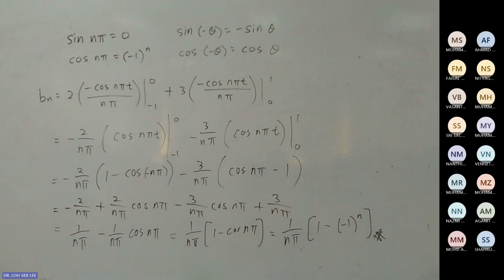Any questions? At this moment, I hope you understand every single step on how to get the Vn from the integration and also the substitution of the values of t.